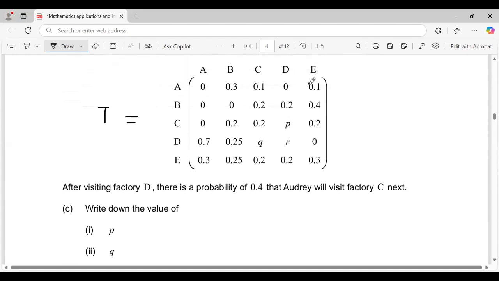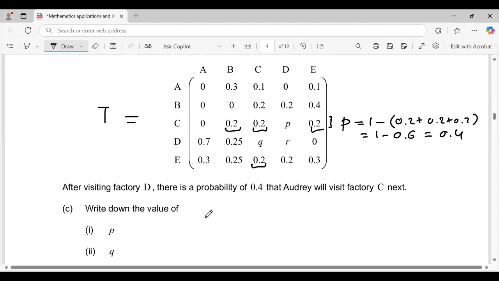First, we find P. The total probability is 1, so on this row, we can calculate that P equals 1 minus (0.2 plus 0.2 plus 0.2), which is 1 minus 0.6 equals 0.4. With the same strategy, you can determine Q as well.